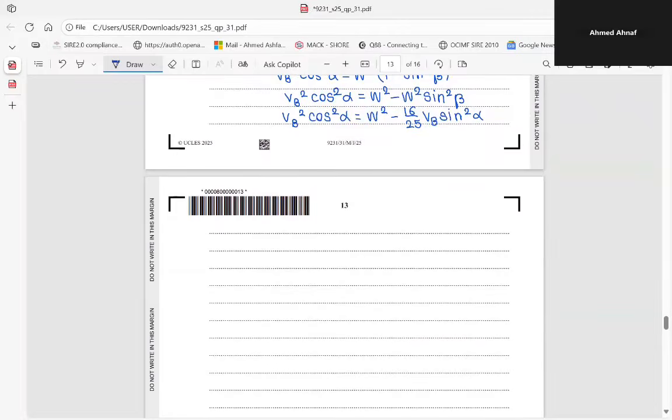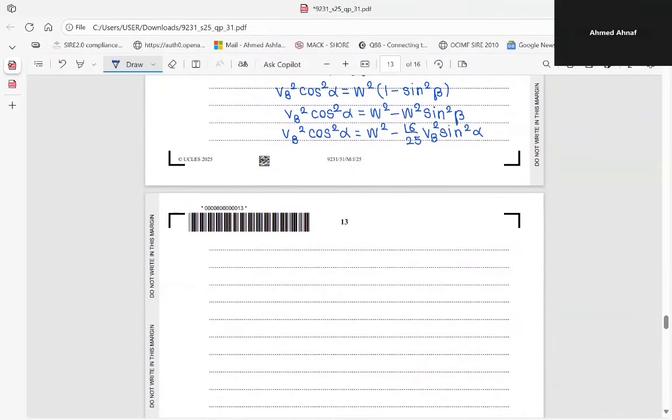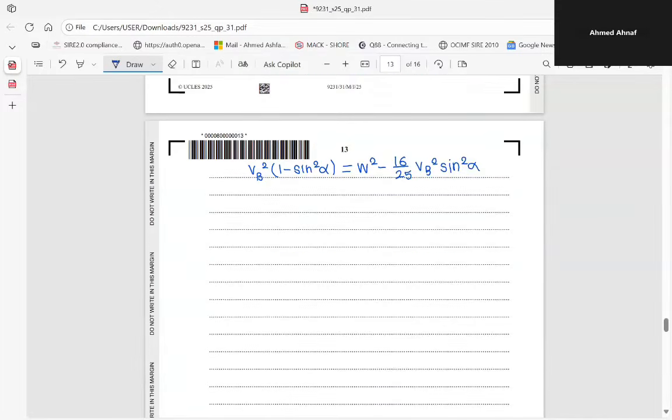To make this an equation in one variable, oh, sorry, this is the V squared. So it'd be VB squared, cosine squared we can replace with 1 minus sine squared alpha, equals W squared minus 16 over 25 VB squared sine squared alpha. So this would be our final equation in one single variable.